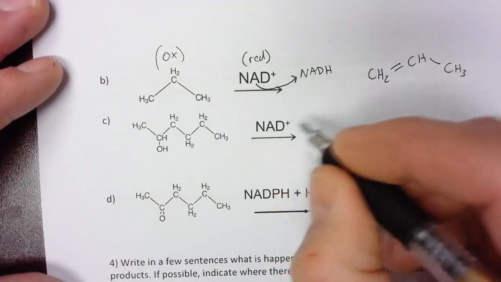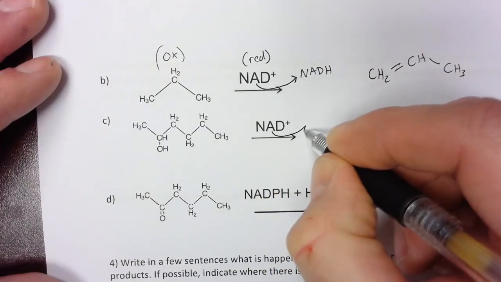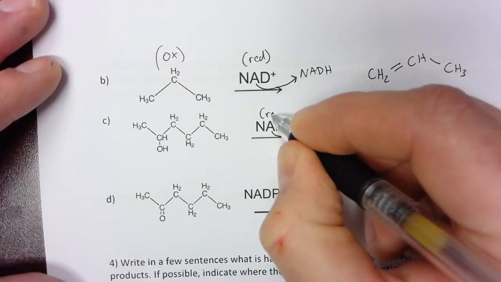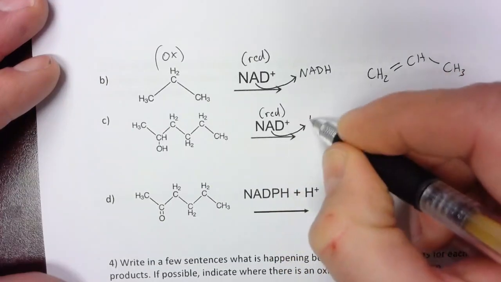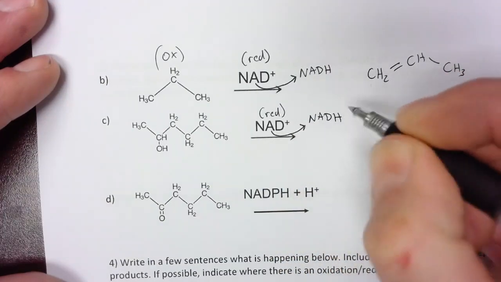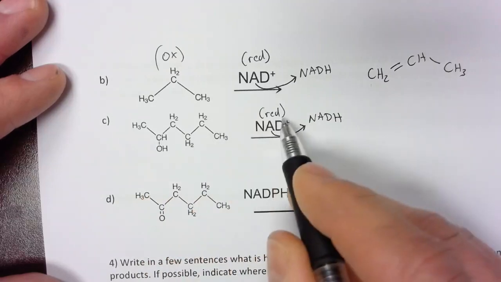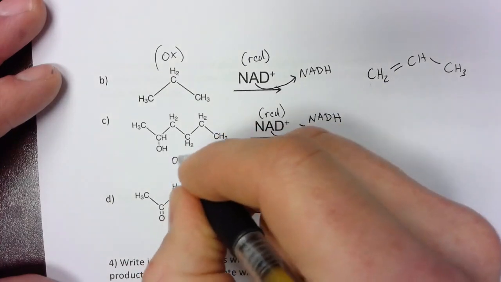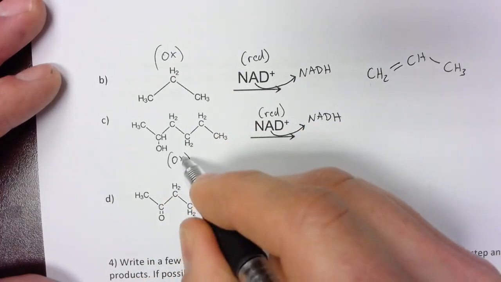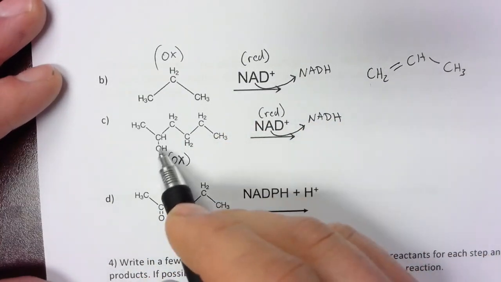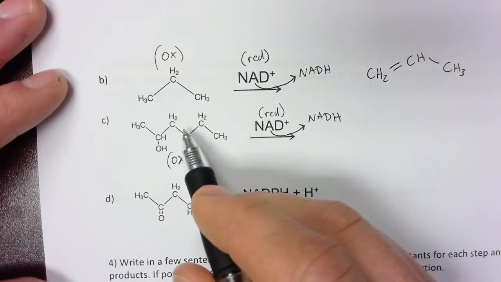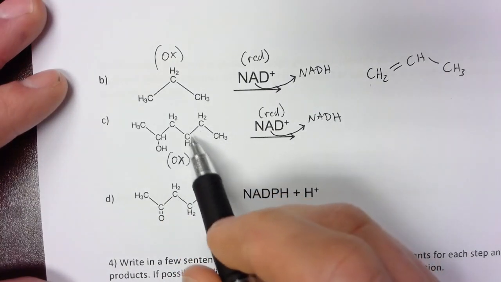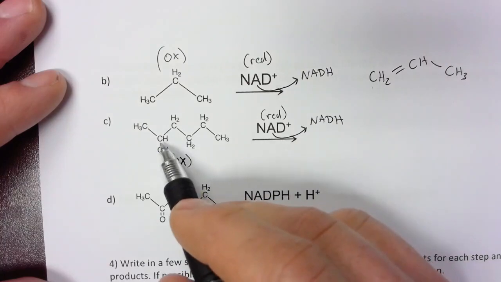Same thing's going on here. NAD+ cannot be oxidized, so it must be getting reduced to NADH. And if this is getting reduced, I see there's an alcohol here, and that can be getting oxidized. You wouldn't know necessarily to oxidize the alcohol versus adding an alkene here, so if you drew it as an alkene, that's acceptable as well.